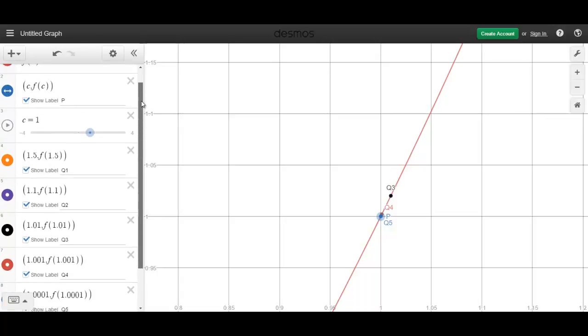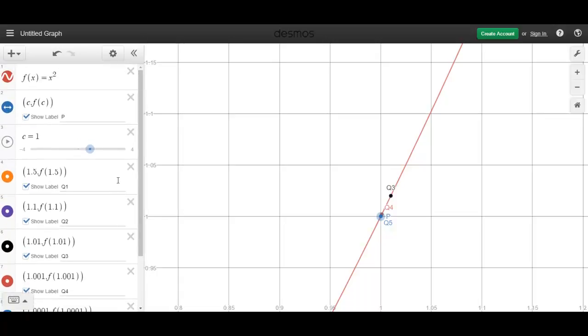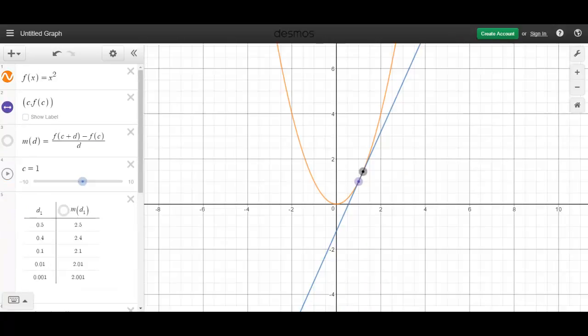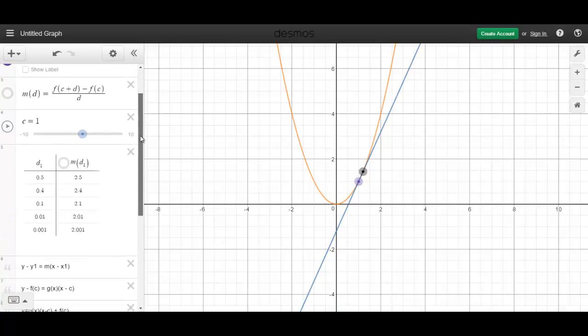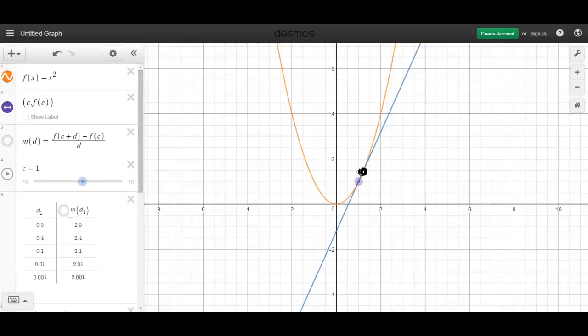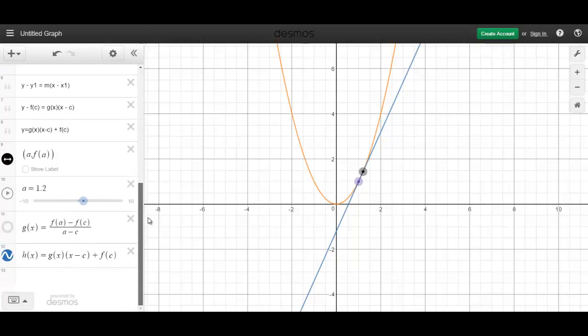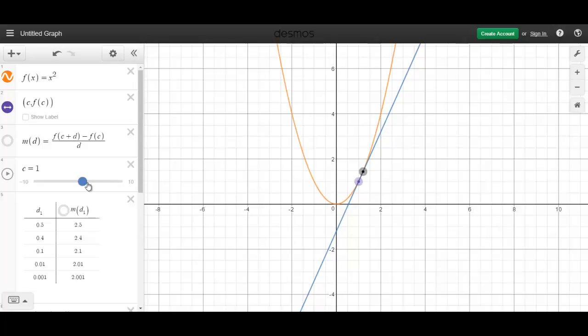Now here's the question: how do I graph all these? Well, you graph these by just using algebra. Over here, I played around a few minutes ago and essentially made a variable. I wrote a few expressions and made it to where I can move the value of c and have a dynamic situation. See here, I'm moving the x value closer and closer to 1 from the right, and those secant lines are getting to be a better and better approximation of the tangent line.